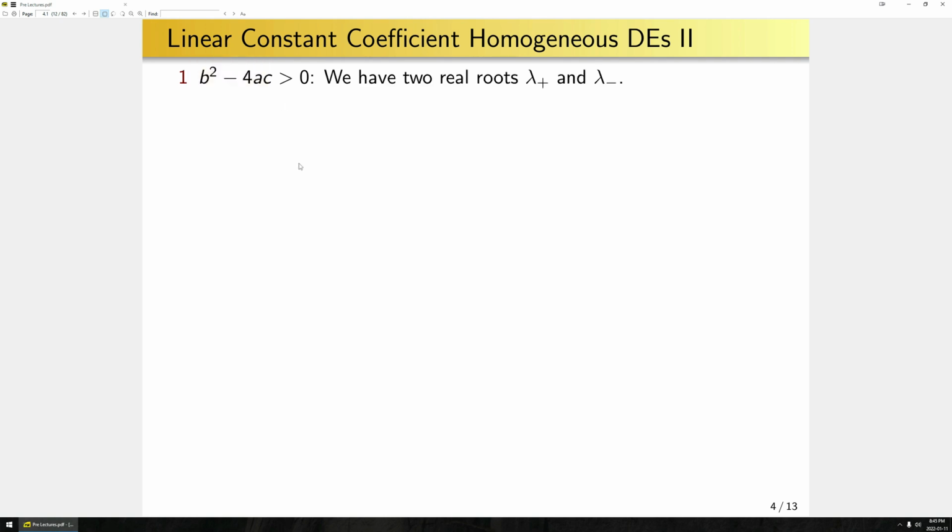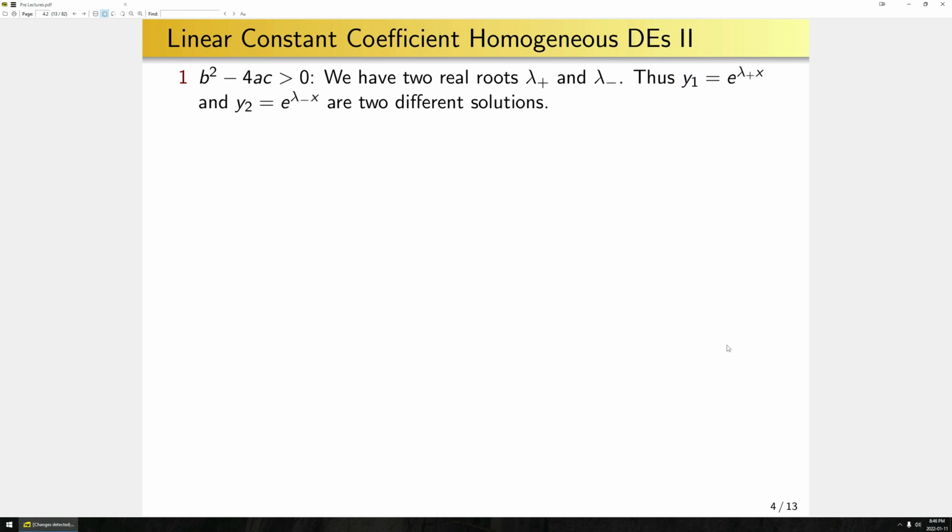So I'm going to have two real roots, lambda plus and lambda minus. From here, I could simply compute y1 and y2 by computing lambda plus and lambda minus and putting them into that functional form that we found earlier. Now, because I have two different roots, y1 and y2 are actually two different solutions. That's kind of nice.